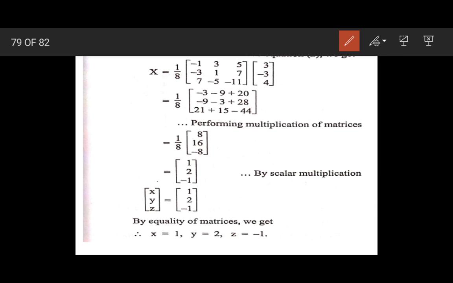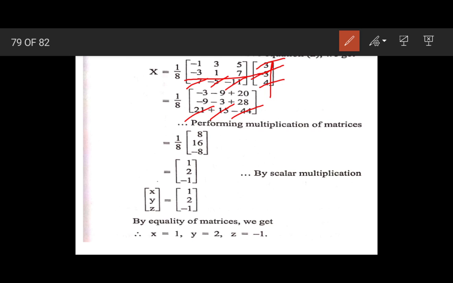Now similarly the third row with the column. So 7 into 3, 21. Minus 5 into minus 3, minus minus plus 15. Minus 11 into 4, minus 44. Okay.